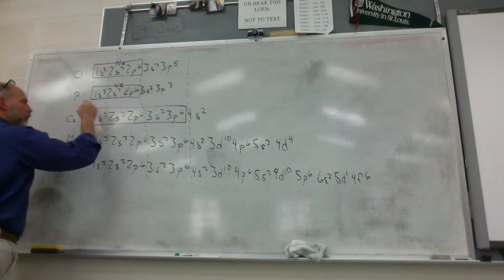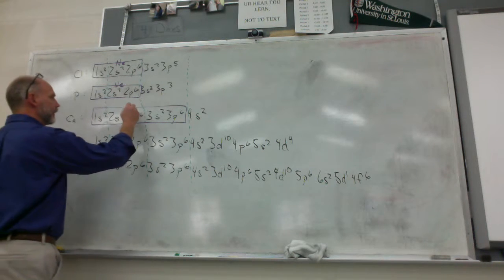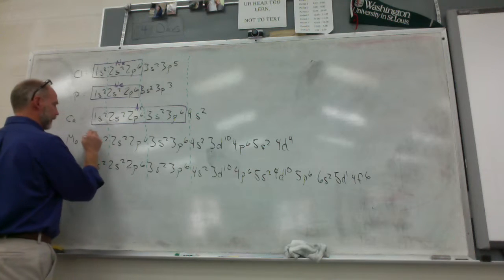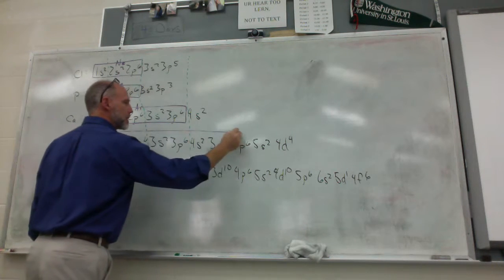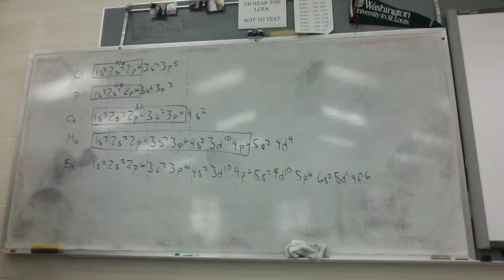How many electrons are in the purple box? 18. What element might have 18 electrons? How many electrons in the purple box? How many? 36. What element might have 36?